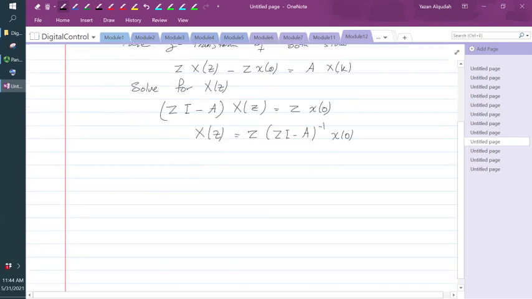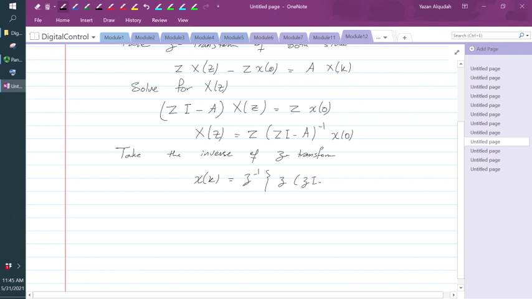Okay, so if I take the inverse Z transform, we're going to get x of k equal to the inverse Z transform of z multiplied by zI minus A inverse multiplied by x of 0.